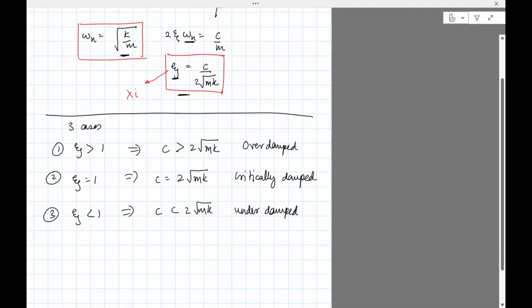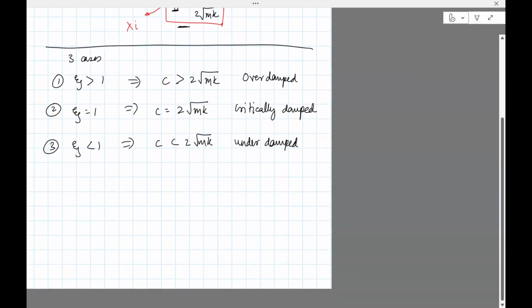So why do we care about overdamped and underdamped? They define how the system behaves when you pull the mass and let it go. If you look at a plot of q, the deflection, as a function of time, you will see the following.